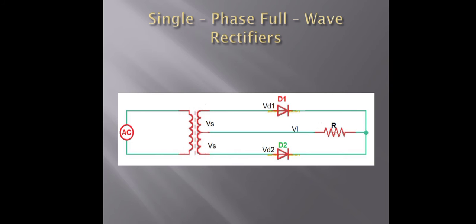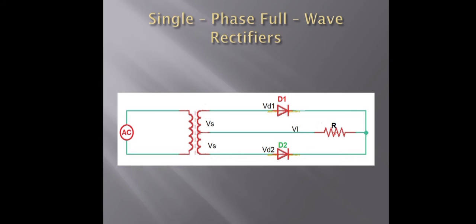Then the working of the single phase full wave rectifier. It is also called the center tap rectifier, because there is a center tap, and we connect the resistor across the transformer.